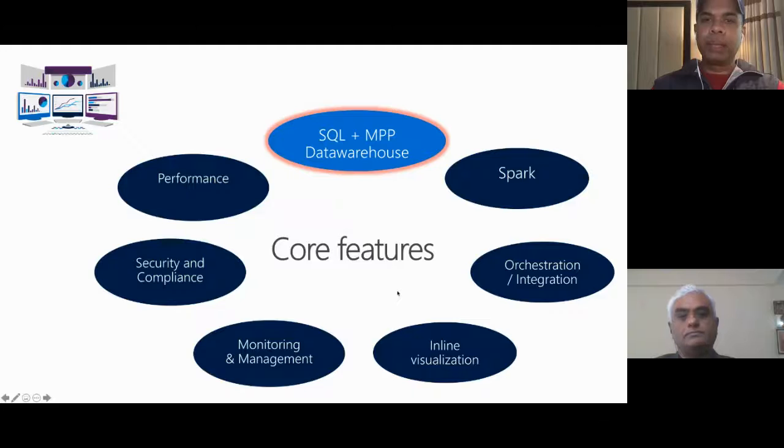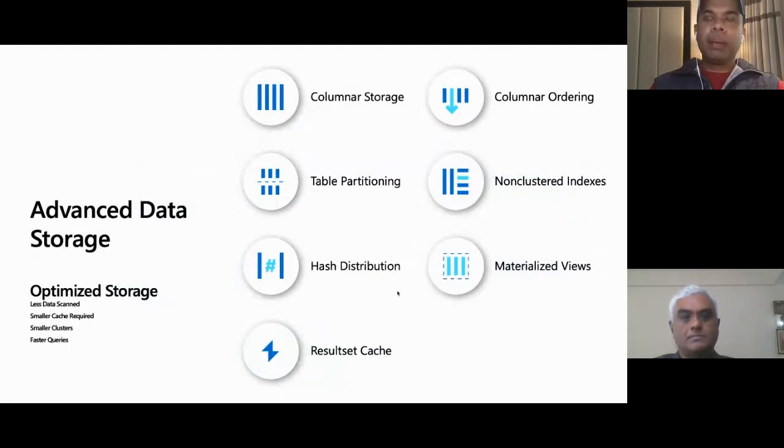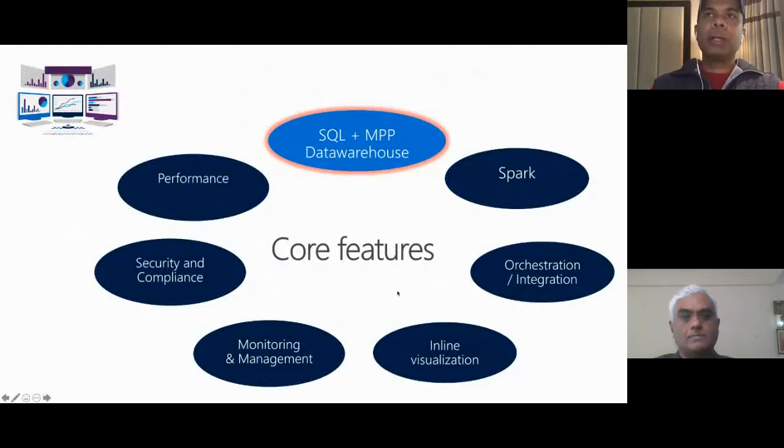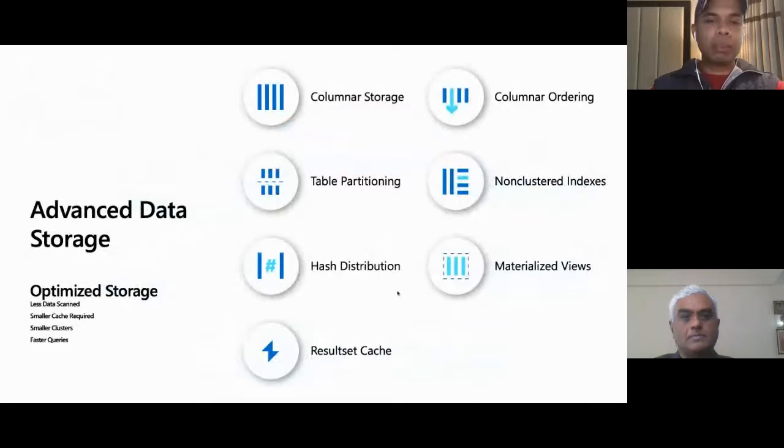Yeah. All right. So, the aspect of SQL and MPP, I want to make it very quick here, but SQL is an important part. And all of these aspects, such as how you hash distribute your data as you store it, and how you bring in different caching technologies and materialized views, are again very important.